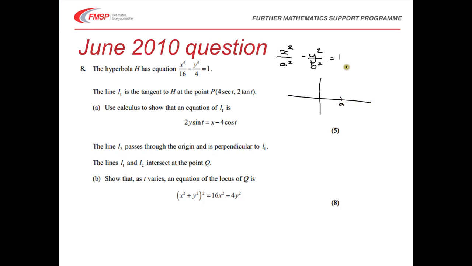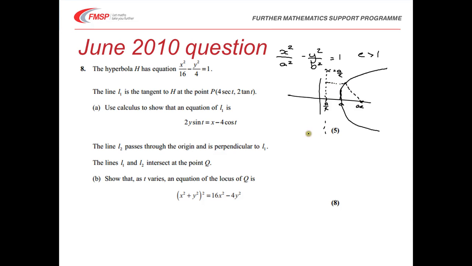The thing about a hyperbola is that it also has an eccentricity, but this time it will be a value bigger than 1, which means that ae, which is a focus, is further out from the origin than a, and a over e is closer towards the origin in terms of that particular point. So here's a directrix, x equals a over e, and here's a corresponding focus. The points on the hyperbola have the property that if you take the distance that they are from the directrix and multiply it by e, that will be the distance back to the focus there.